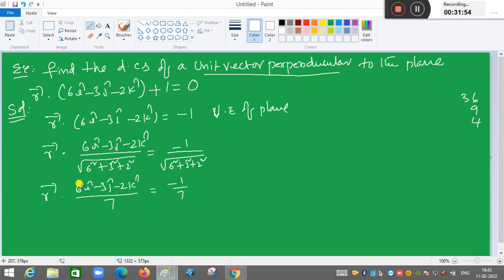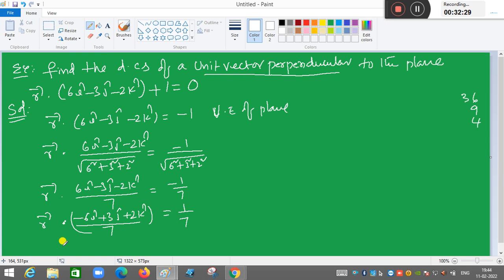Whenever this is n cap, d should not be negative. So multiply both sides by minus: r bar dot (minus 6i plus 3j plus 2k) by 7. Now it is n cap.